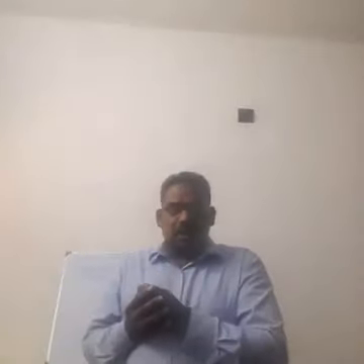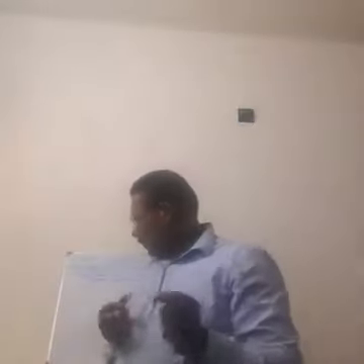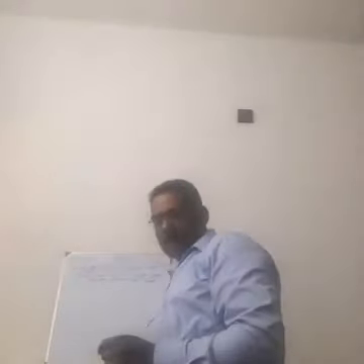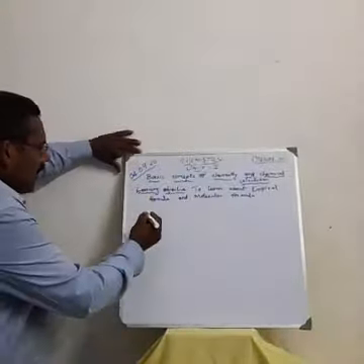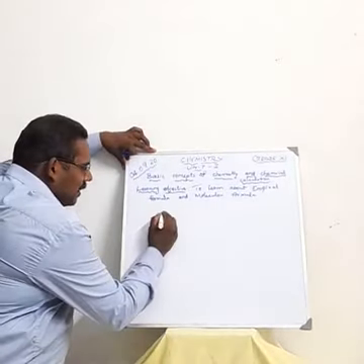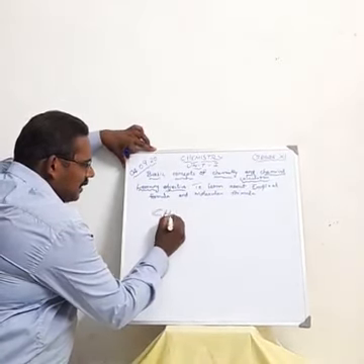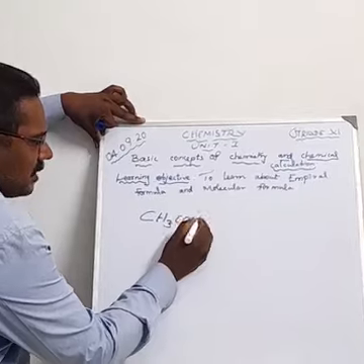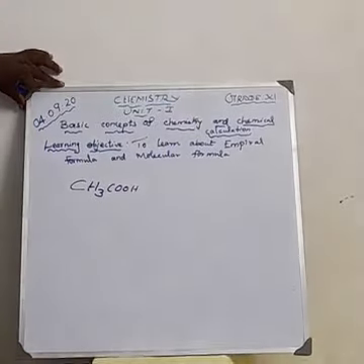How can we write the molecular formula? Already I told you the acetic acid formula: CH3COOH. Clear? Shall we write on the board? The formula for acetic acid is CH3COOH.